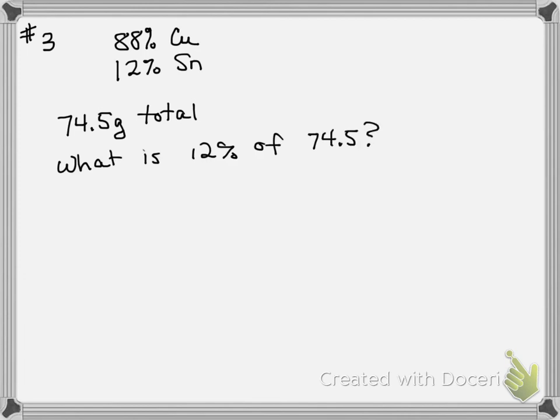Okay, and so like I did in the other problem, the percent means out of 100. So 12 out of 100. And then remember, we're going to say it's going to be part over whole. And in this case, the part is going to be how much tin. So X over 74.5, because that's our total mass.